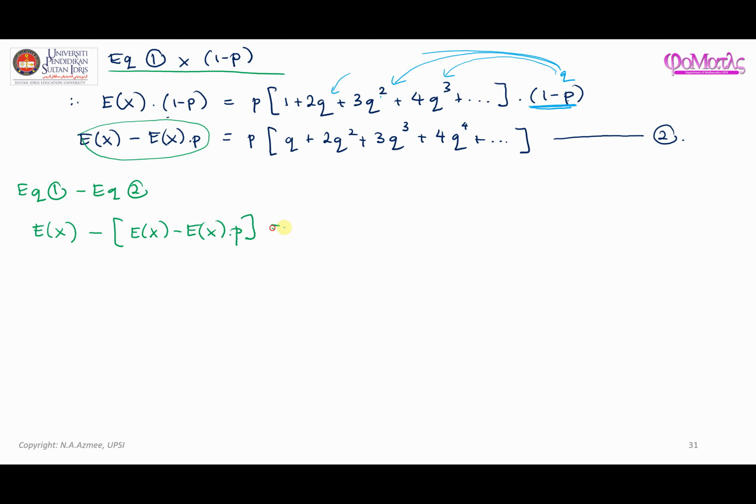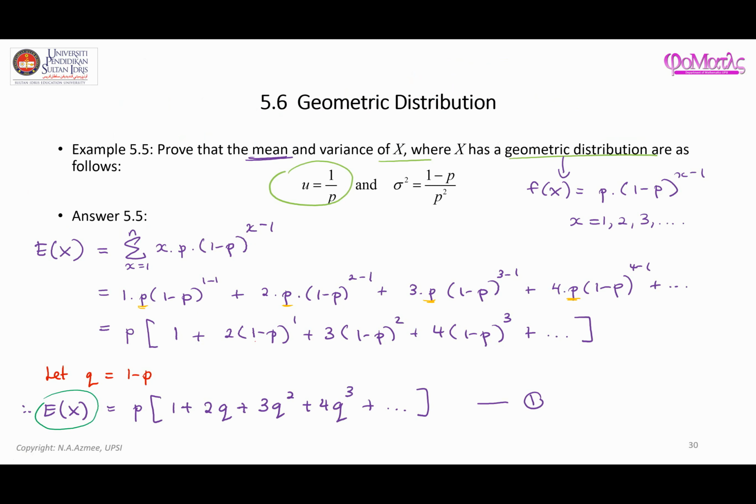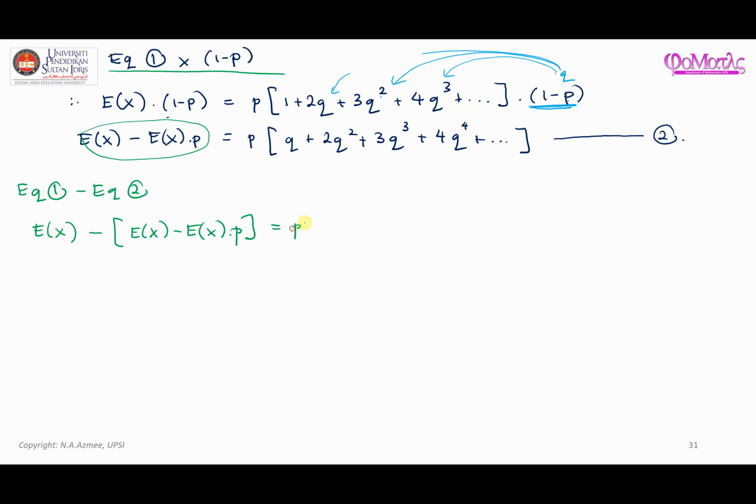And on the right hand side, okay, let me just write down the whole thing here. So here we've got all these terms, and for example p here is going to remain. We're not going to do anything with it. Okay, so p here is going to remain right here.